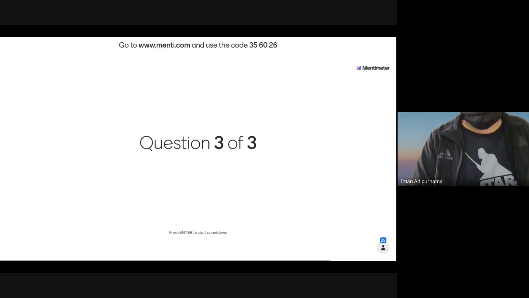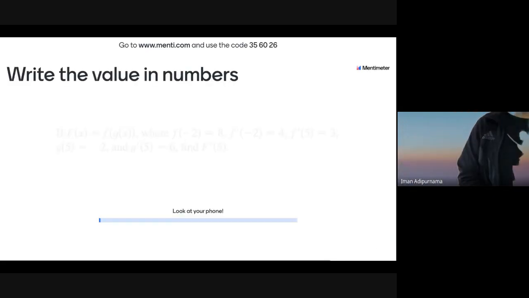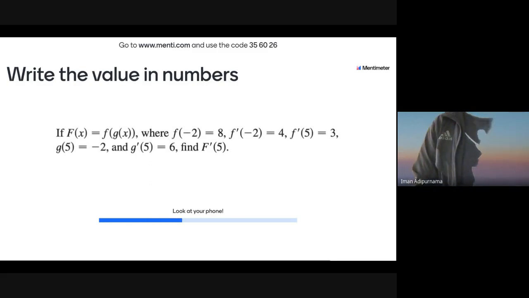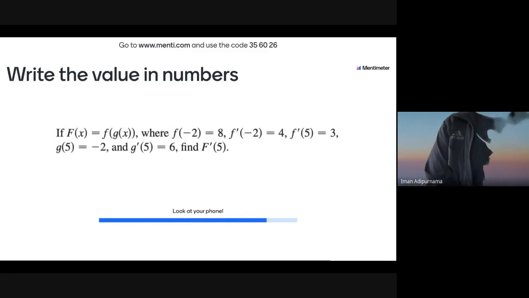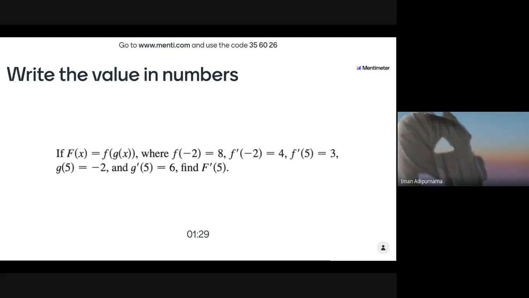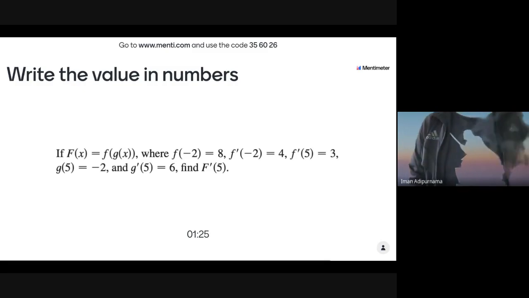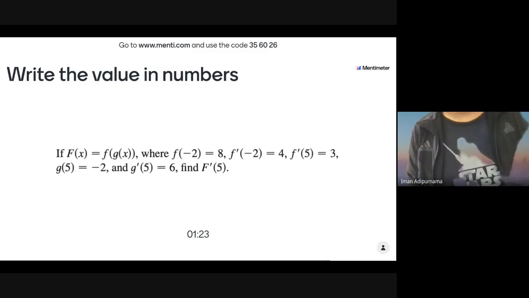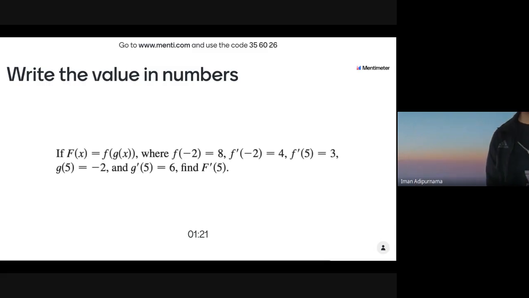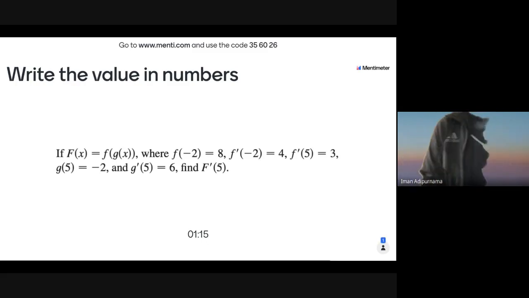Third question. Okay, 3, 2, 1. Okay, you need to at least calculate. I think a half minute is enough. And carefully read the number. Carefully read the number.